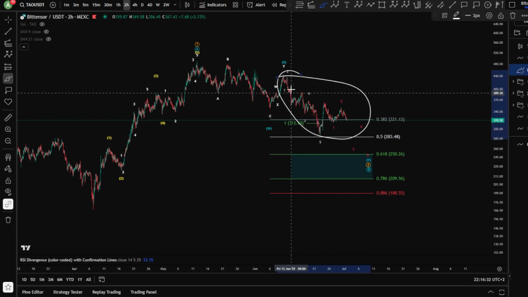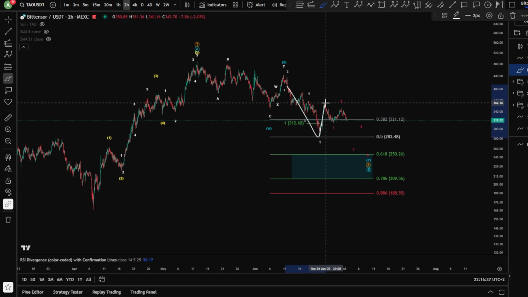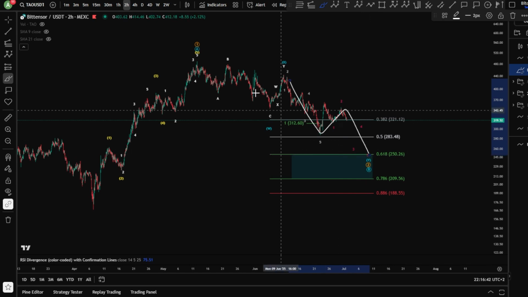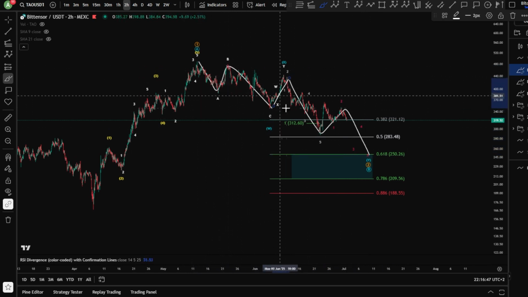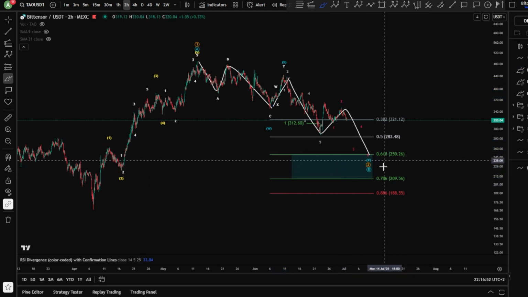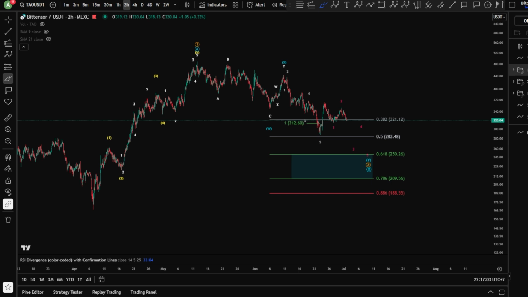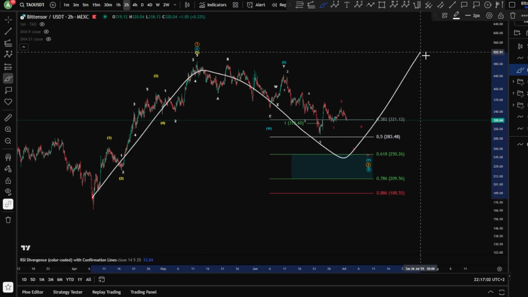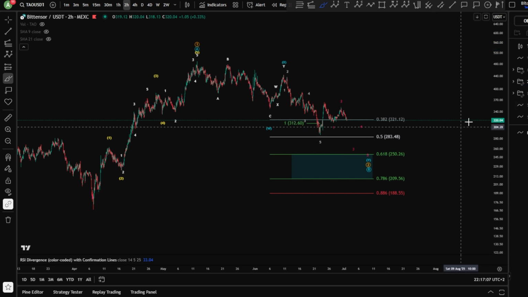Now this can be an impulse, 1, 2, 3, 4, and a 5, finishing wave A, finishing wave B, looking for a wave C again to finish a bigger WX and a Y. Here we go, with 3 waves for each structure for this WXY, finishing inside this blue box 0.618, 0.786, which is a perfection for a wave 2 in case we are looking for higher prices in an impulse toward the upside, meaning 1, 2, 3, 4, and a 5 continuation for higher prices again.